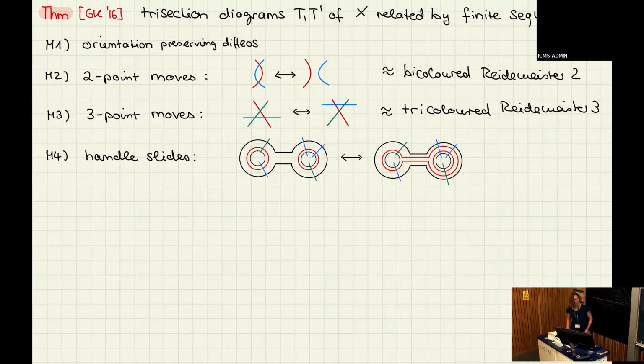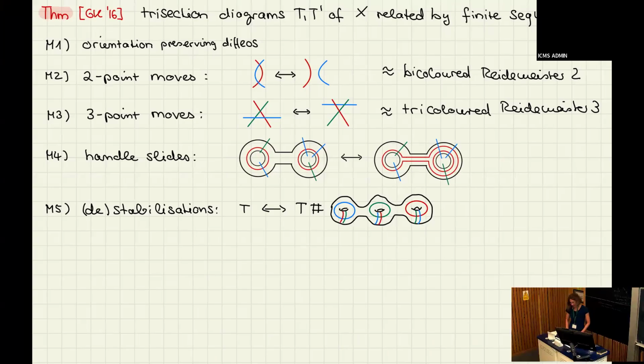So this is a handle slide. And the final move is something that's called the stabilization or destabilization move. It means that you take the connected sum of a trisection diagram with the trisection diagram of S4, which is also called the standard diagram or the stabilization diagram. So this is like a short list of moves.